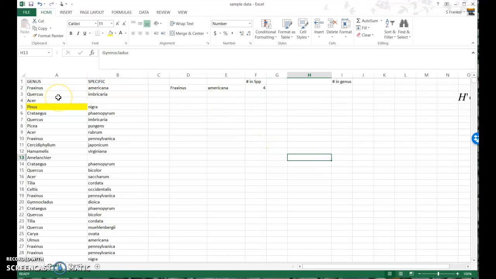Then we go on to our next one, and I encourage you to start with the species, and you'll see why in a moment. So next we've got Quercus imbricaria. So pop that one over here, Quercus imbricaria. So then I again get to go down.